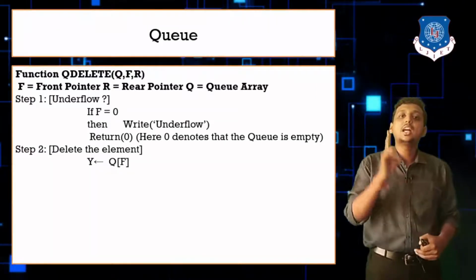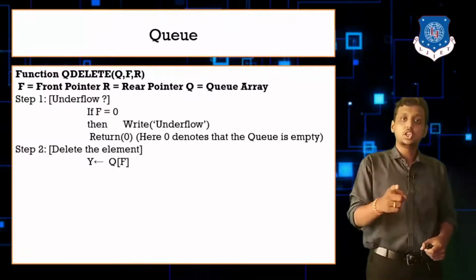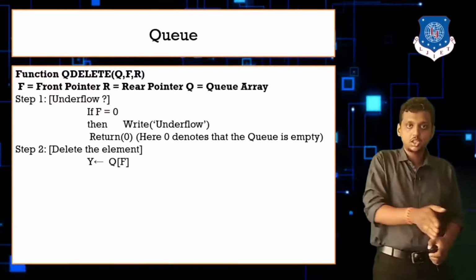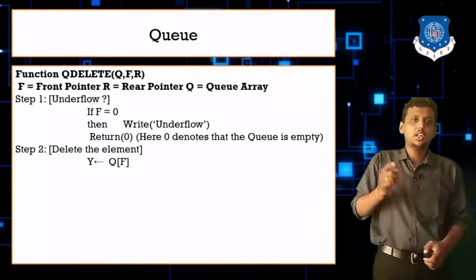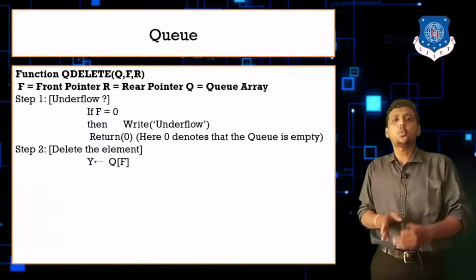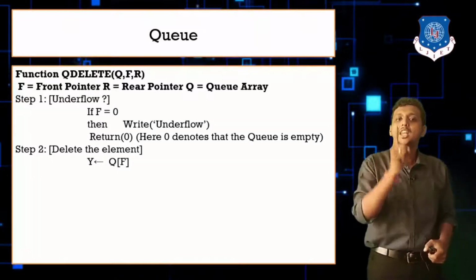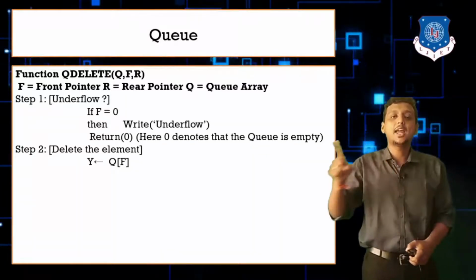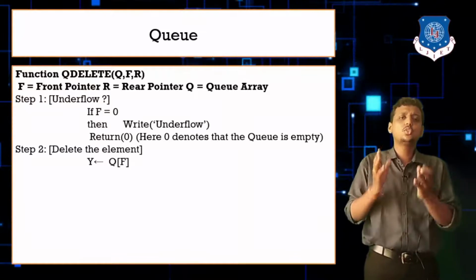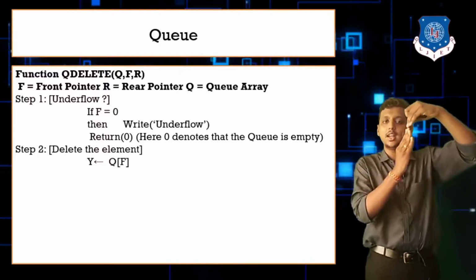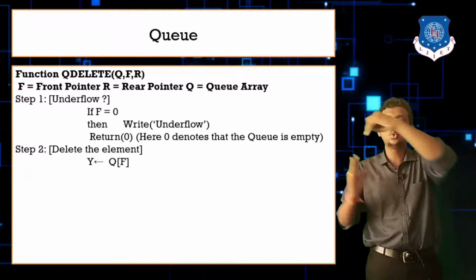When f and r are both at the same position, during the deletion operation, that means the queue is empty. So what to do? You just need to move your front and rear from any position to 0.